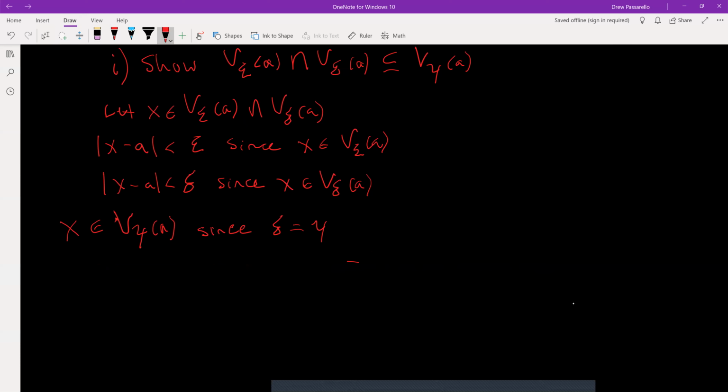So I use the definition. x is in the epsilon neighborhood, that means the absolute value of x minus a is less than epsilon. x is also in the delta neighborhood, that means the absolute value of x minus a is less than delta. Since x is in the delta neighborhood, that means x is in the gamma neighborhood, since delta is equal to gamma. And that's it. So that extra bit wasn't needed. Therefore the epsilon neighborhood intersected with the delta neighborhood is contained in the gamma neighborhood.